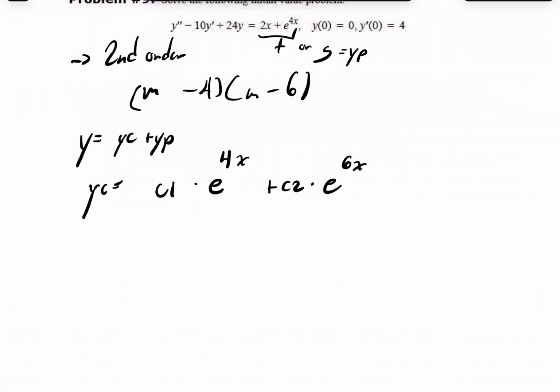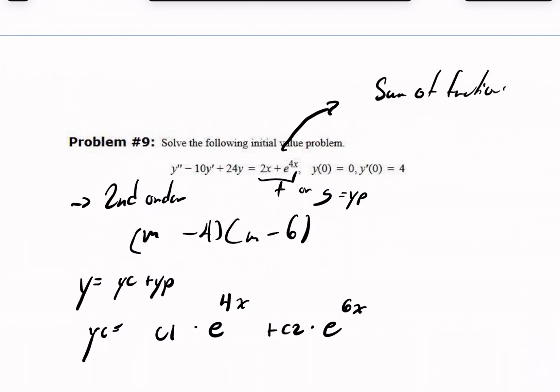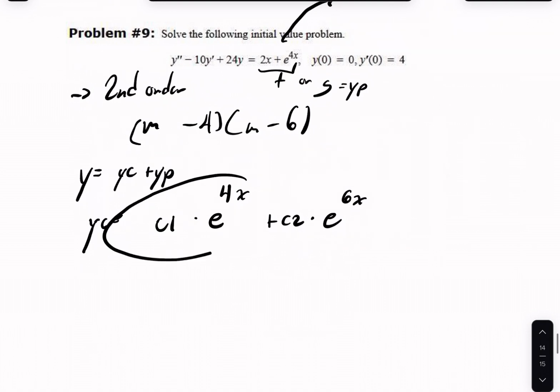Before we move on, there is a really crucial part that we have to worry about here. In the lecture slides, this is sum of functions. What you end up doing is you solve each of the functions respectively, and then you add them together. So you have to be wary of this 4x.